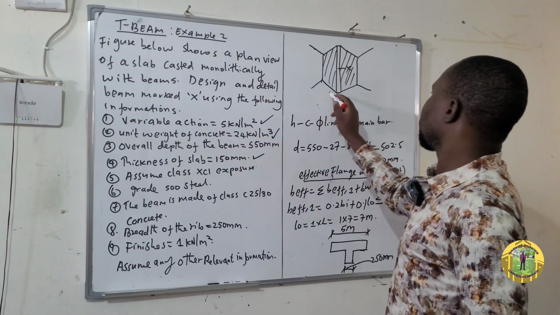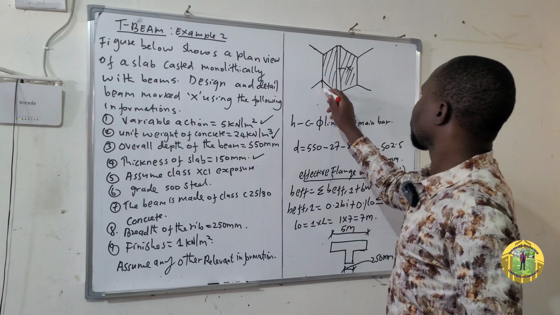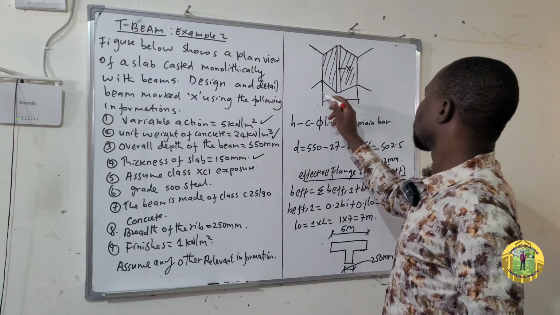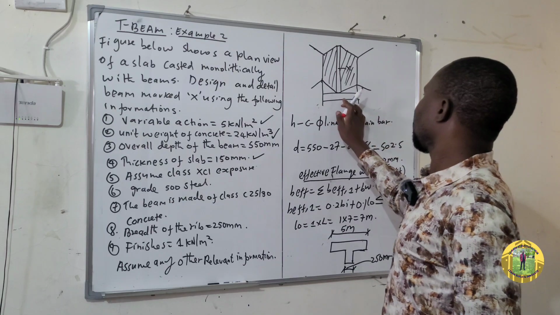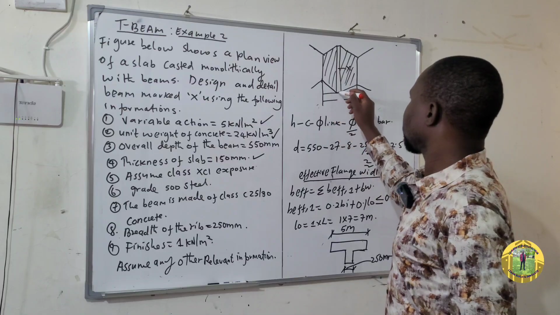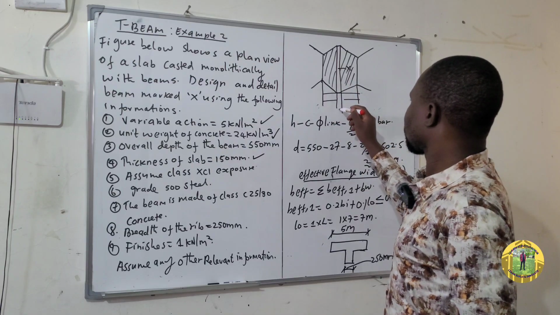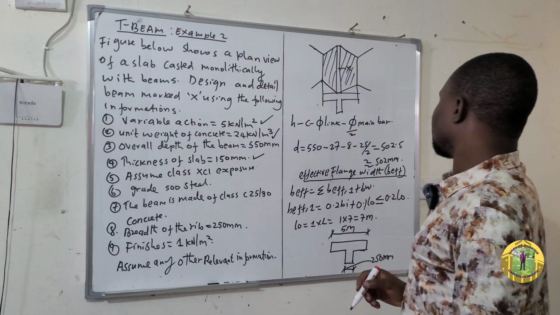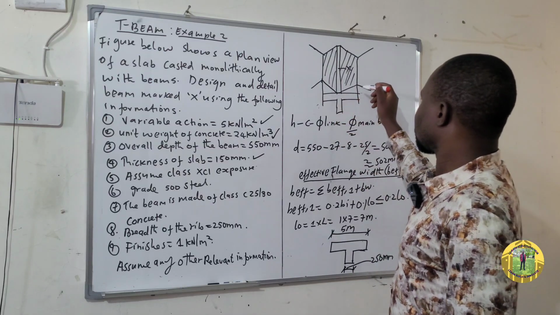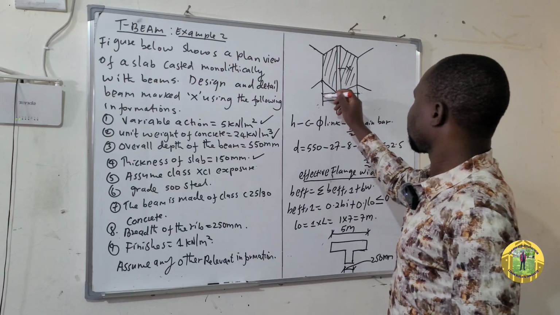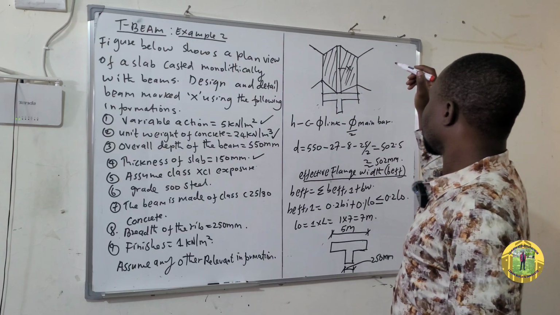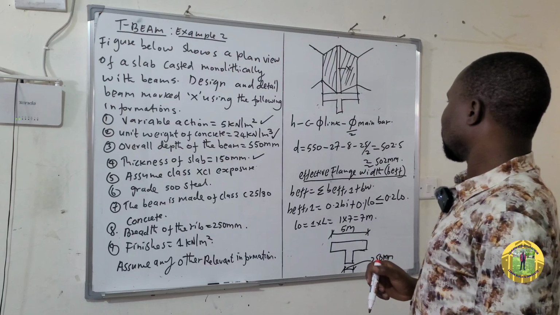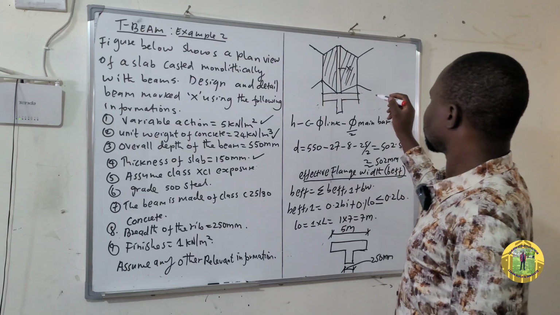So from here up to this point, this is where we have our flange, such that this distance from here to here is a half of the one we were given in our plan, which is 5, 5.